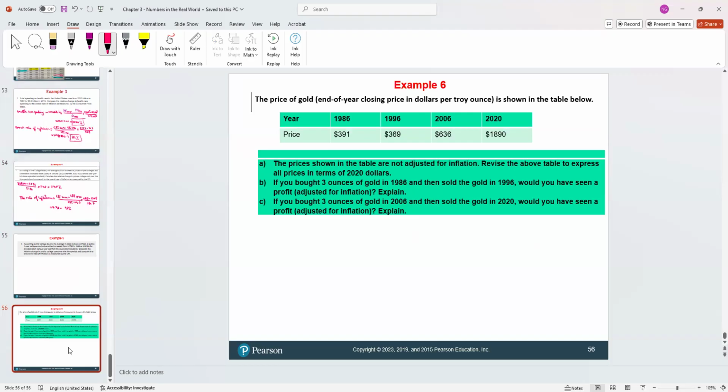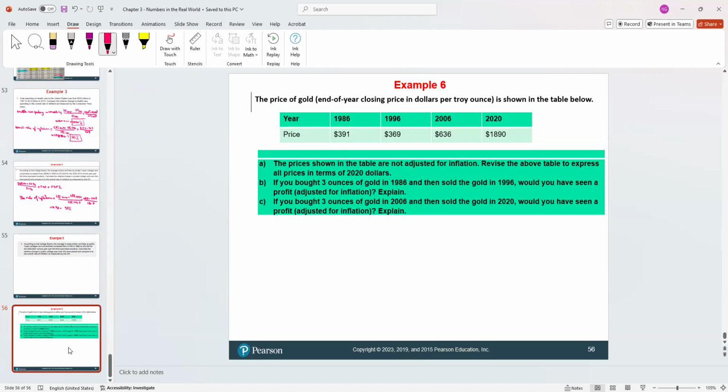We said 1986, 1996, 2006, and 2020. So we have a few years here. The prices shown in the table are not adjusted for inflation. Revise the above table to express all prices in terms of 2020.